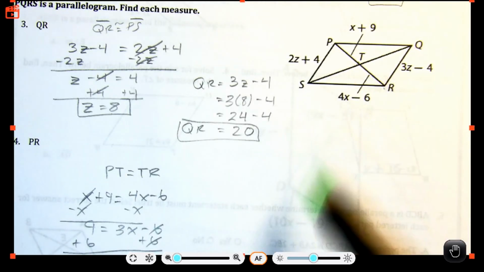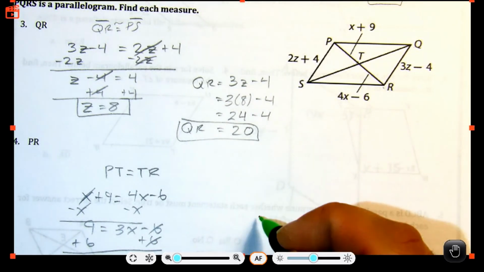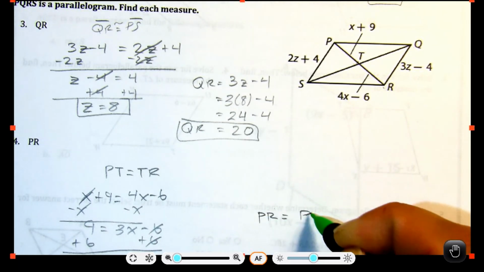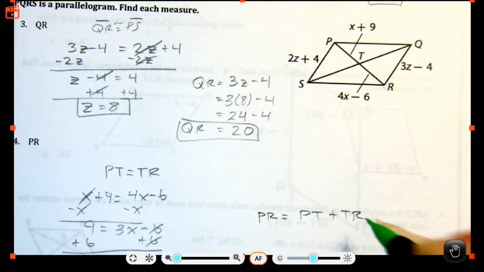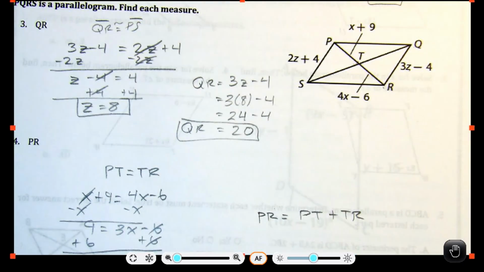What we know is that PR is equal to PT plus TR. So this entire length is equal to this piece plus this piece. So that's equal to x plus 9 plus 4x minus 6.